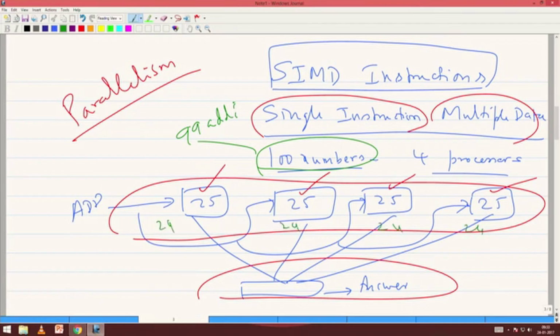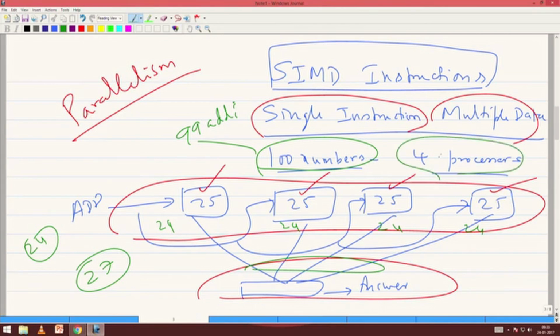So the total time required is only the time for 24 additions plus say 3 additions, so 27 additions, because I have to add these 4 numbers, probably sequentially. So if I have 4 processors, I am exploiting these 4 processors to do this.